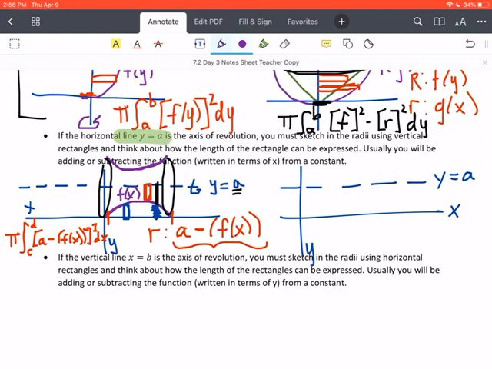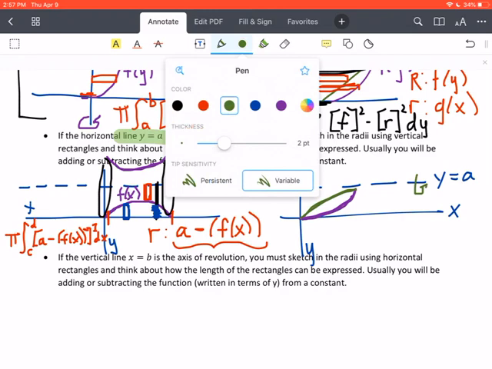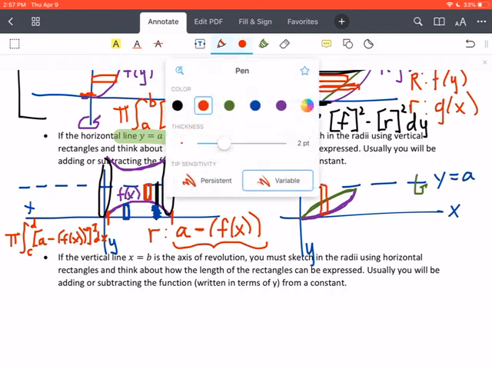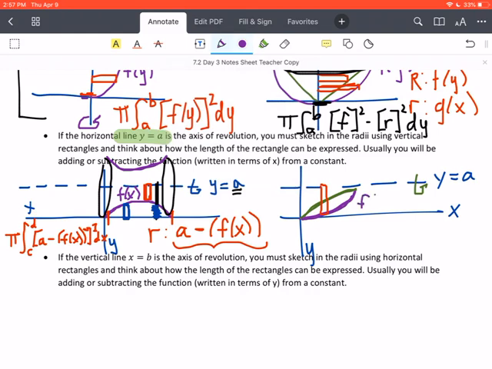So we have maybe kind of this parabolic shape first, and then we have the upside down or root shape here, and we are rotating it around our axis so we can envision kind of what it's going to look like, but we need to think about what's big R and what's little r. So big R is the function that is further away, which is the purple. But if I just say big R is f of x, that's not correct, and people are going to fall into that trap.